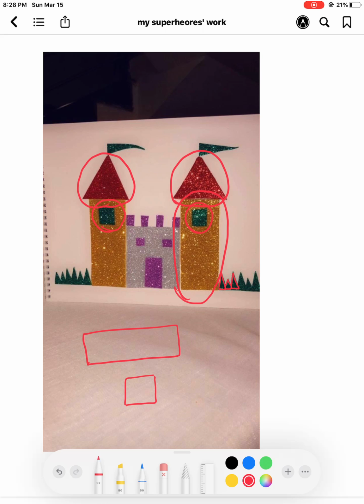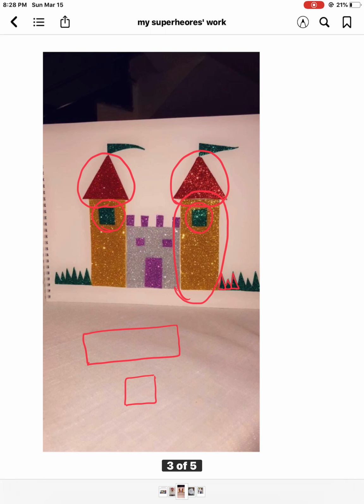A square has four equal sides, but a rectangle has two long sides and two short sides. So only the square has four equal sides.